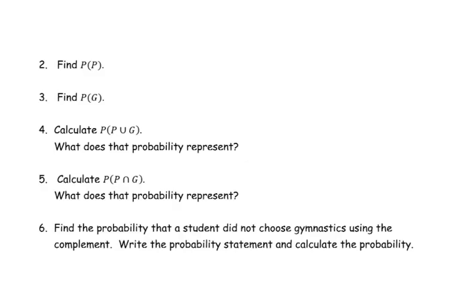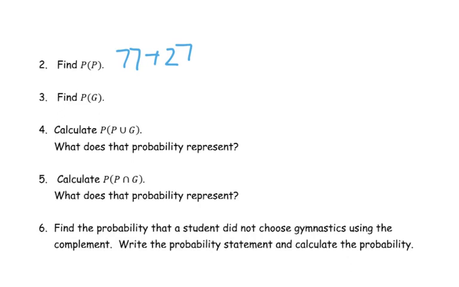All right, question 2 says the probability that a student chose photography. So that means that they chose not only photography, but they also chose gymnastics possibly, but not by itself. So we had the 77 plus we have to add the 27 because we had photography in both of those.